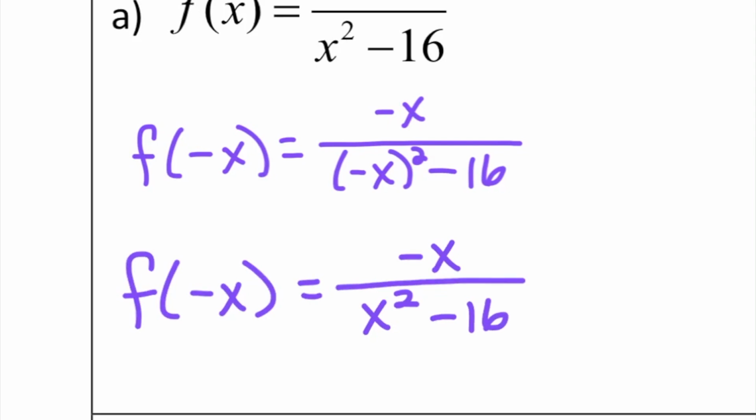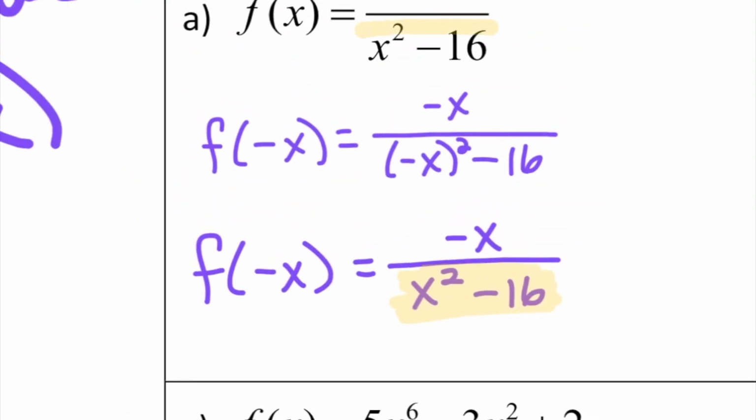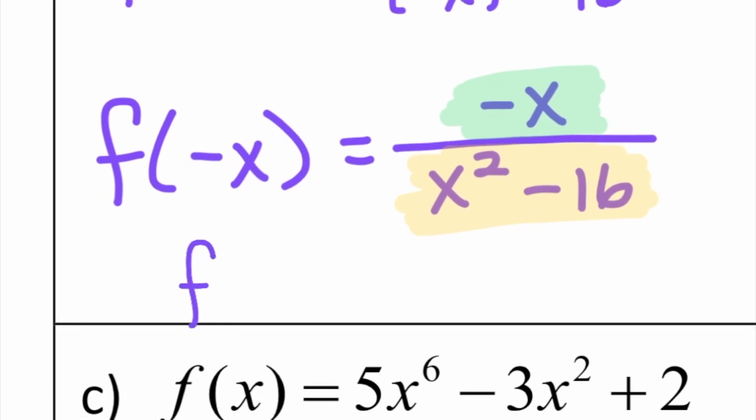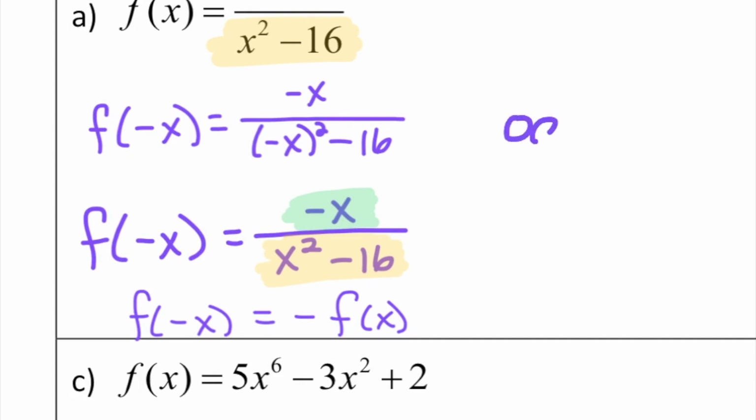Now, if you think about that, the denominator here remains unchanged from the original function. But what you also want to notice is that the numerator is negated. And if only one of the numerator or denominator is negated in a function, that makes the whole function negated. And so here, in this case, f of negative x is equal to negative f of x. And that algebraically proves an odd function.